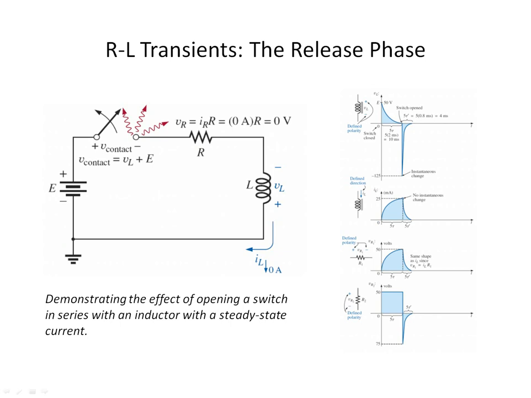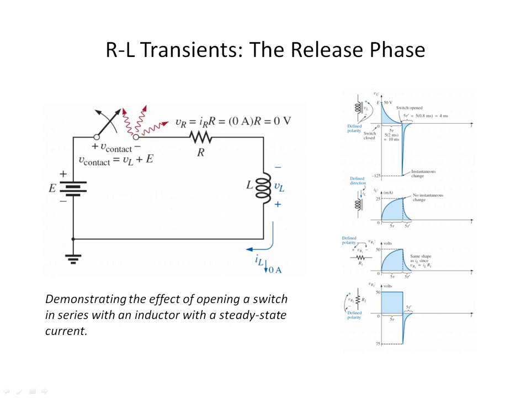Well, if we look at the plots, we can see what's happening to the voltage at the very top plot here. We see that the voltage across the inductor first shows that the inductor is charging up, and then the voltage as the inductor charges up finally reaches 0. Then here we see where the switch is open.